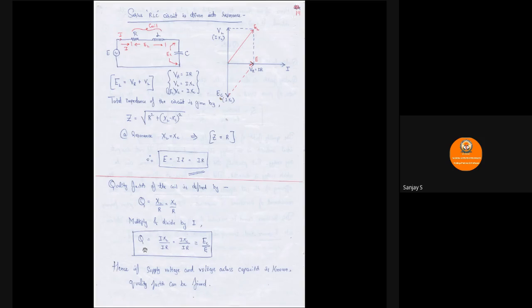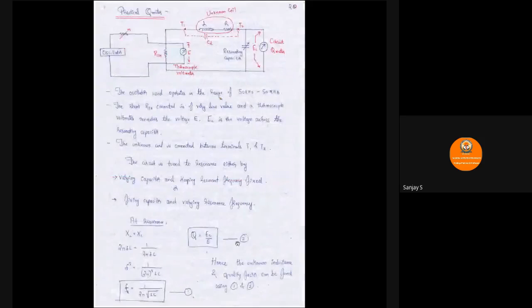So this is the idea behind Q meter. I repeat once again, the ratio of capacitor voltage divided by source voltage will give us the quality factor only at resonant condition.